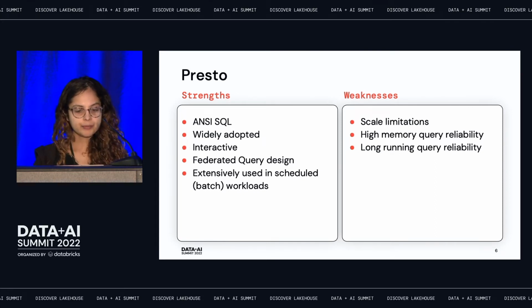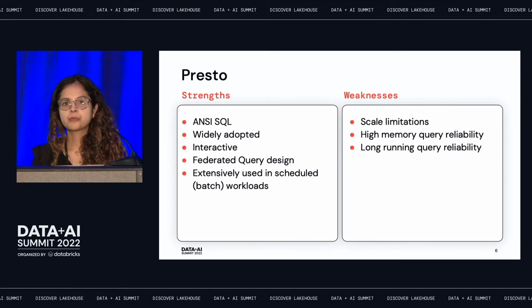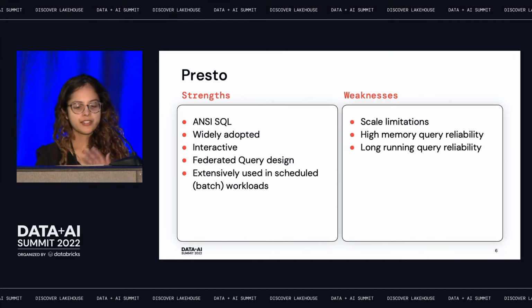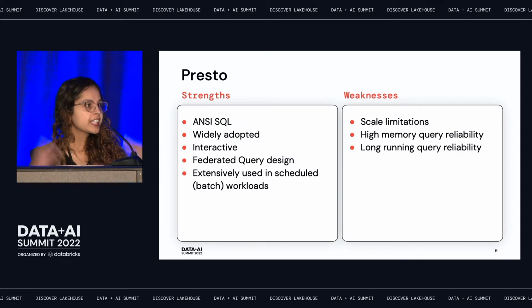It's fast. It's the most popular interactive analysis tool. It provides federated query design. Federated query design means that you can connect to heterogeneous data sources, such as MySQL, Cassandra, and Hive. You do not need to preload the data in memory. You can just get the data from various sources in the same query.